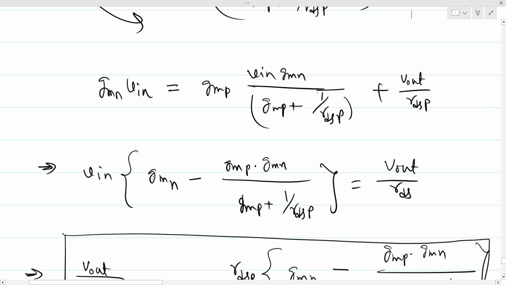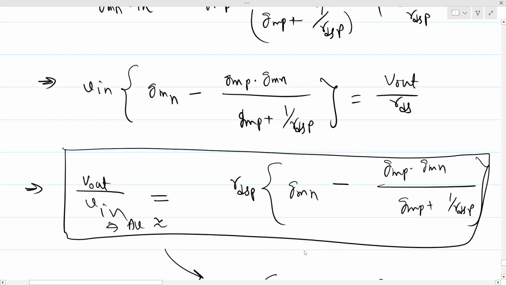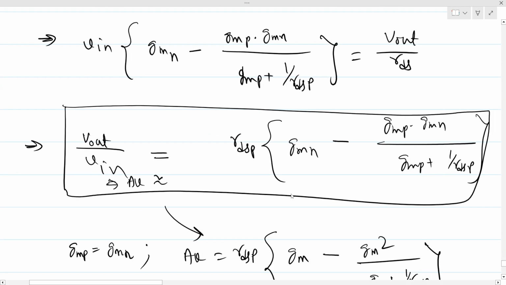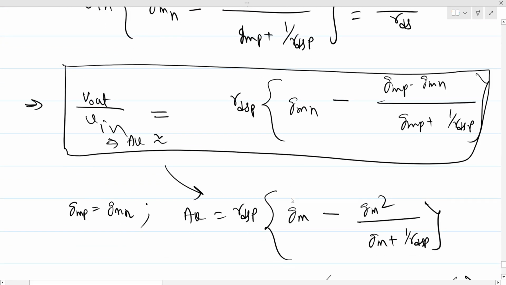Yes, okay. Now if I can take common, this will be GMN minus GMP GMN divided by, yes, this is okay, and this is okay. Now this is nothing but the multiplication of these two sides. Yes, it is okay.